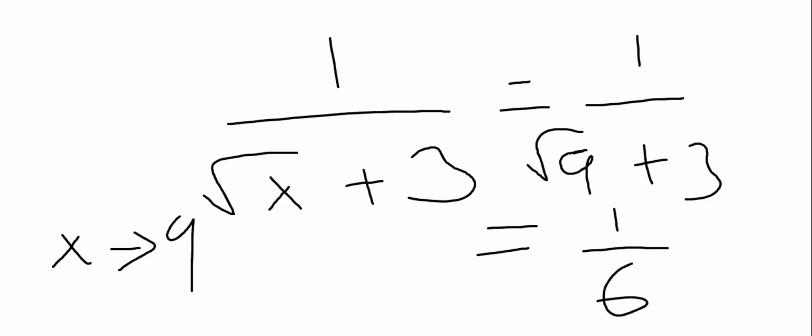So the limit of the function that we are given, hope you did not rub it as well, is actually 1 over 6. So that's the basic knowledge that you should understand about limits.